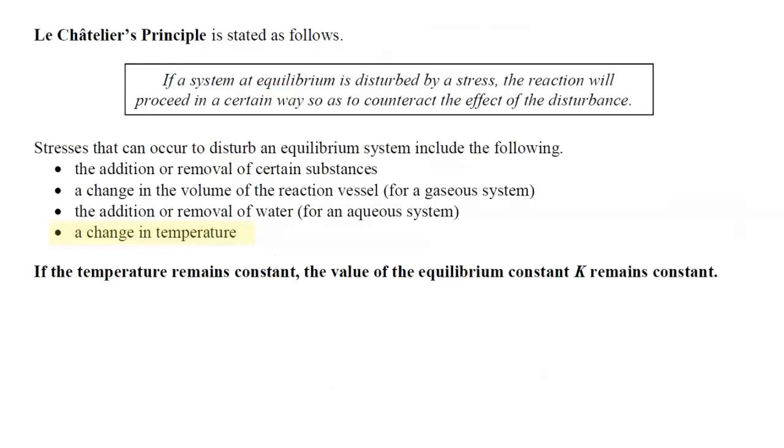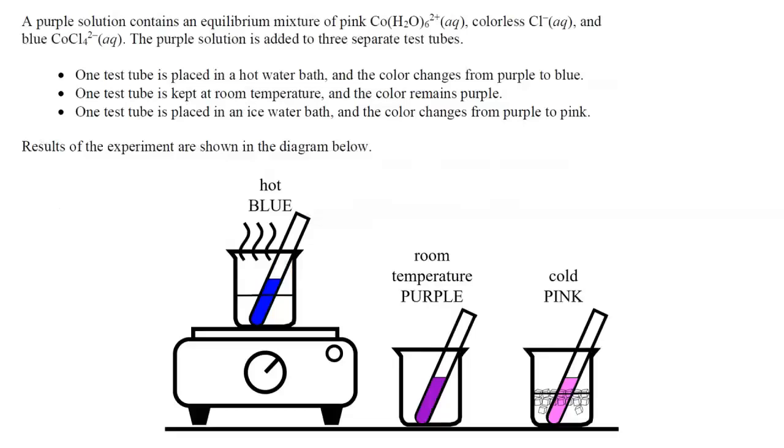So the last thing to consider in terms of the Le Chatelier's principle changes that we haven't seen so far in this packet is a change in temperature. So again, if you saw this demonstration in class, you remember that I took one purple test tube and placed it in a beaker of hot water. I took another purple test tube and placed that in a beaker of ice water.